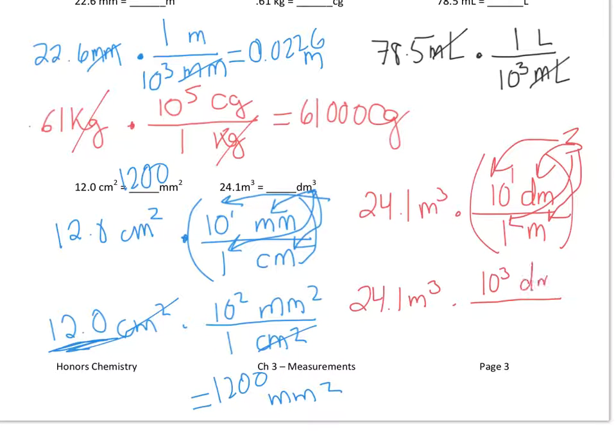That would be decimeter cubed. 1 cubed is 1, and then meter cubed. So my meter cubed and meter cubed cancel. I end up with decimeter cubed. And so it's 24.1 times 1,000. So 24,100.